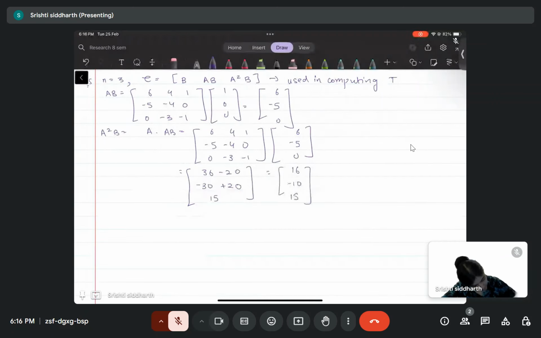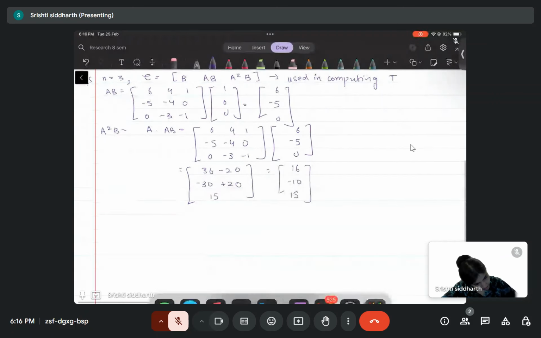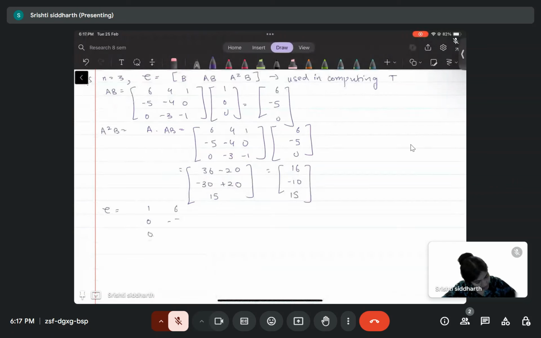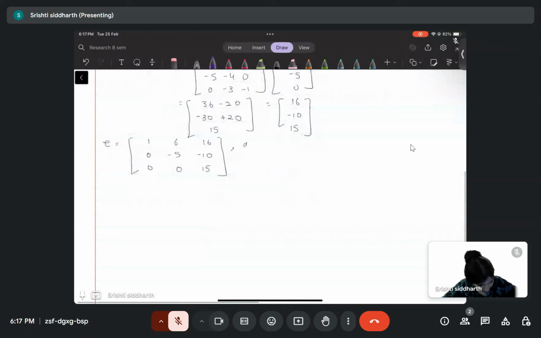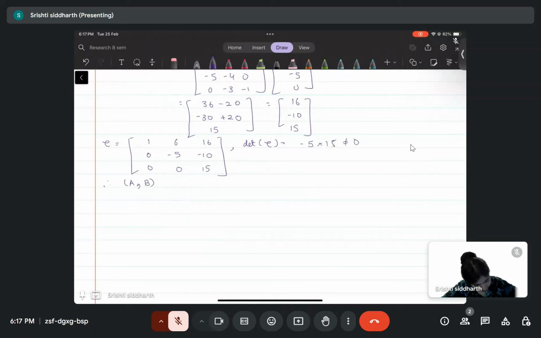Alright, so the controllability matrix is 1 0 0, 6 minus 5 0, 16 minus 10 15. Now this is a square matrix, so we can just determine the determinant to comment on the rank. So this is simply minus 5 into 15, which is non-zero. Therefore, the pair AB is controllable.